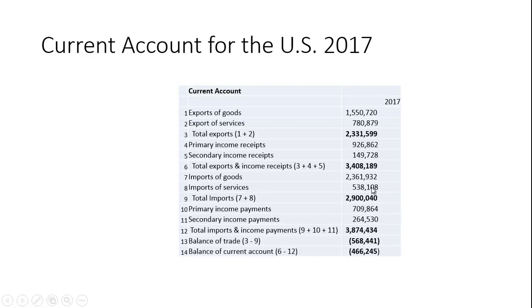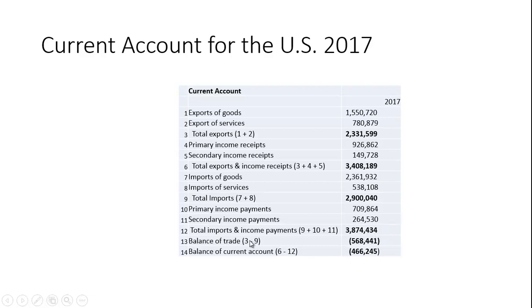We also have imports of goods, imports of services. So adding these two together, we would get total imports. We also have these primary income payments, secondary income payments. We add all those together. These are total imports and income payments. So we add 9, 10, and 11 together, and we get 3,874,434,000,000.